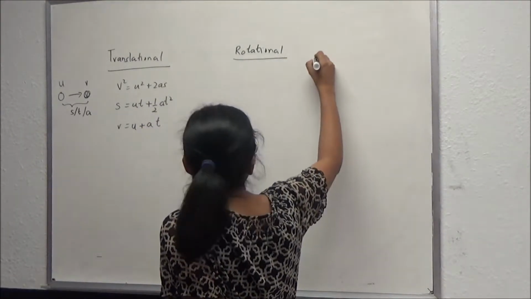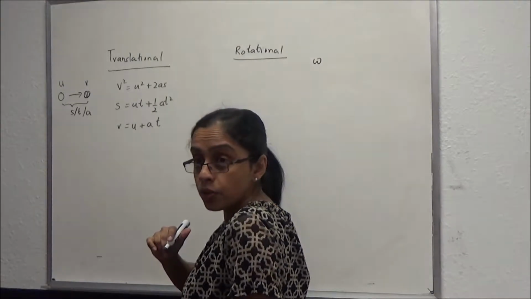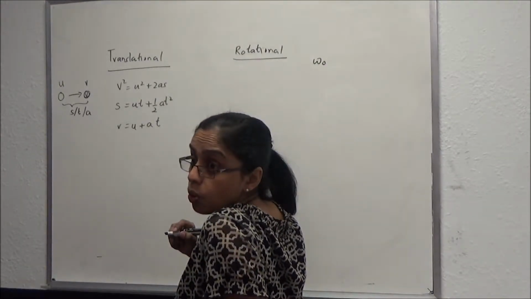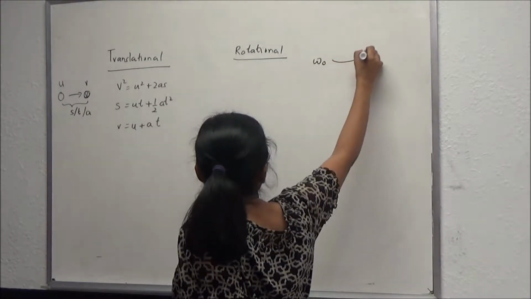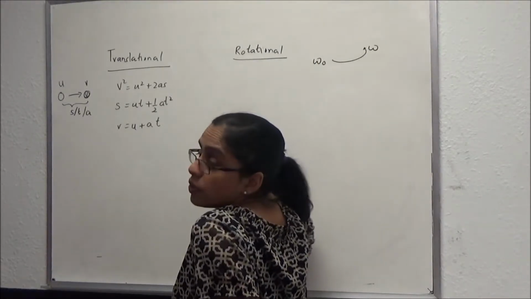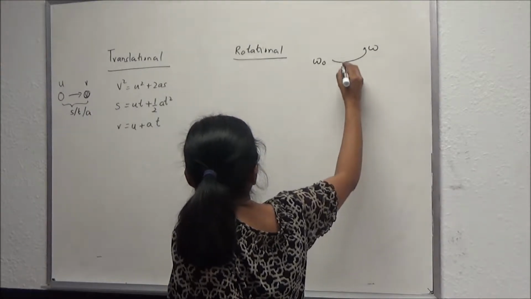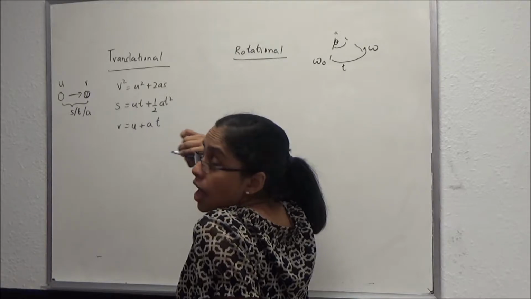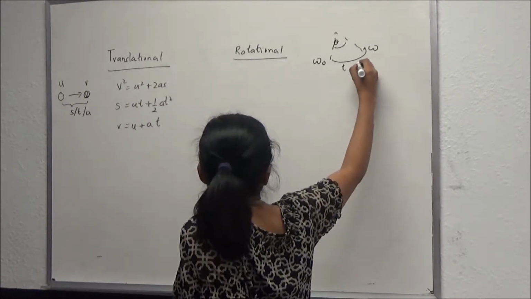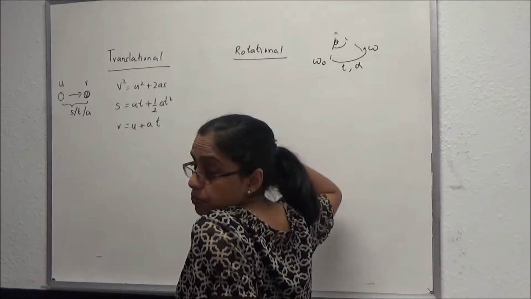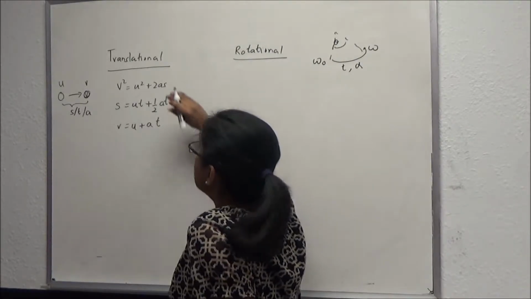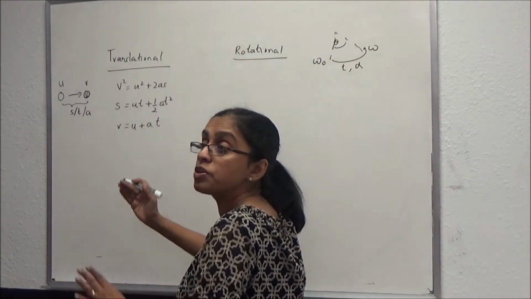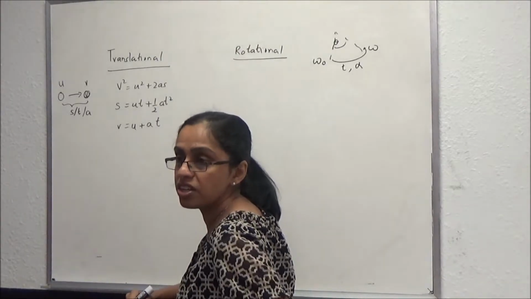Similarly, you can write the same equations for rotational motion. Suppose the initial angular velocity is omega naught, which becomes omega in a time t upon a displacement of theta and by an acceleration of alpha. It's just a matter of replacement of variables.